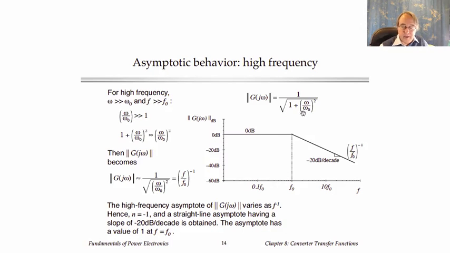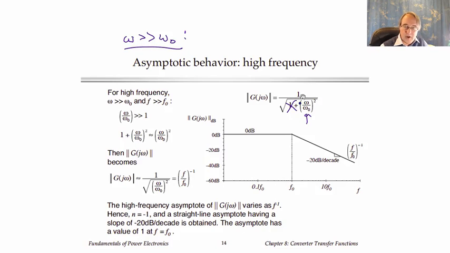How about the other case? What happens at high frequency? If we reverse the inequality, where omega is much greater than omega naught, the omega term becomes large compared to 1, and we can throw out the 1.